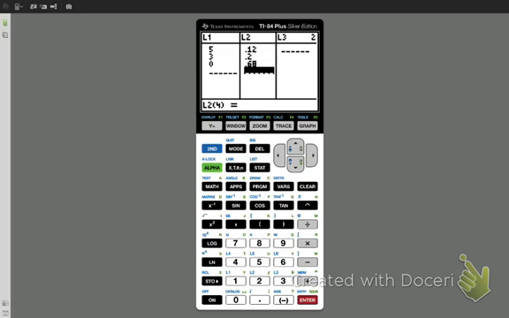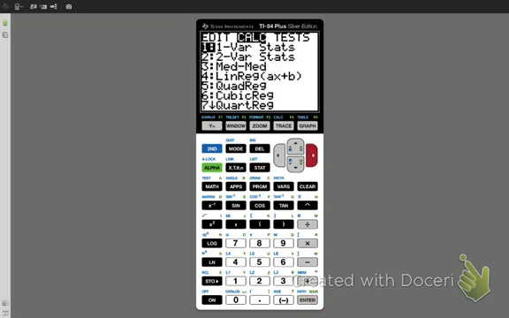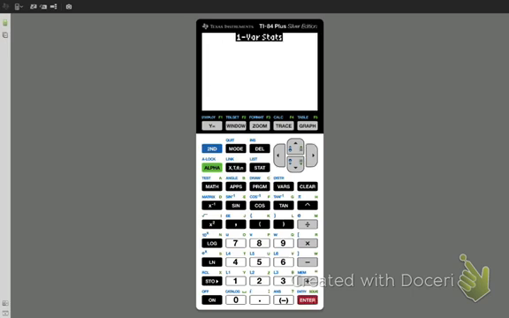Once my probabilities are in here, I'm going to go to Stat, Calc. Now this is only one variable, so I am going to go to one variable. However, the frequency for each variable is different, so I need to make sure an L2 is there. If you don't already have an L2 there, you're going to want to go to second and the number 2. You hit calculate, and here we are.